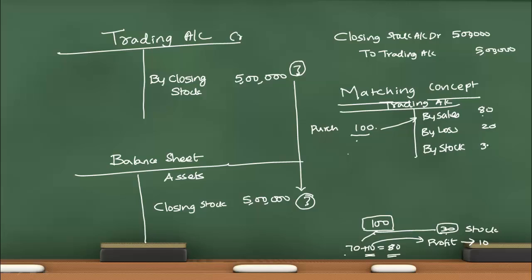It is 30. So now this question of loss is not going to arise, because now you have on the debit side 100, on the credit side we have 110. So 110 on the credit side, 100 on the debit side, so there is a profit of 10 rupees. So now it matches with our common sense.